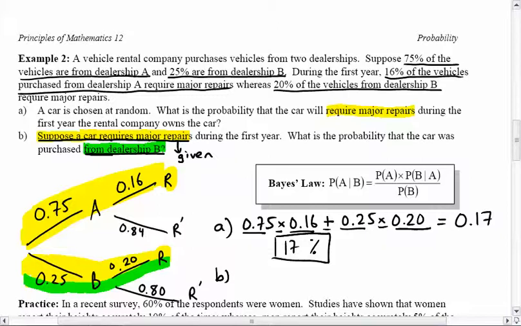Okay, so for your total space, you're only allowed to look at all the 17%. We want to know out of the 17%, I want to highlight that yellow. 17% represents the total of all the cars that need repairs. So out of those 17%, what percentage came from B?